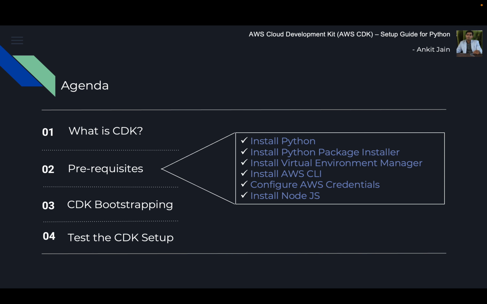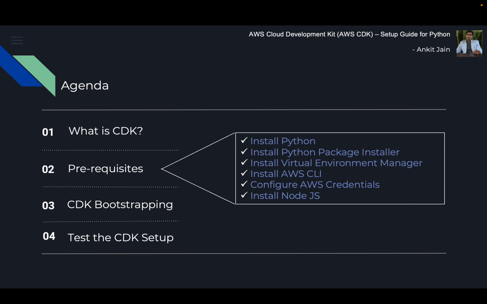Okay. Then virtual environment manager. What is the need of virtual environment manager now? So again, let me talk about the virtual env. We call it a virtual env in short form, right? So it is basically a lightweight self-contained Python installation. And why we need virtual env?